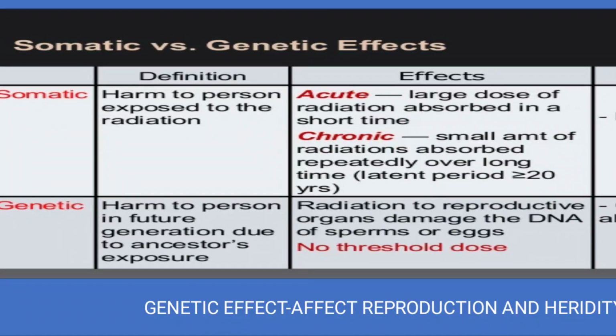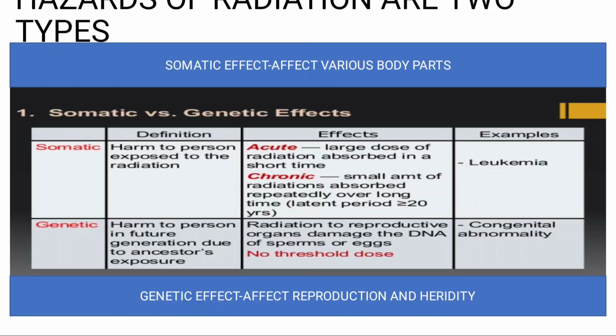So radiation to reproductive organs damages the DNA of sperms or eggs. That is the main effect of genetic effect. It mainly leads to congenital abnormality. So genetic effect mainly affects reproduction and heredity.